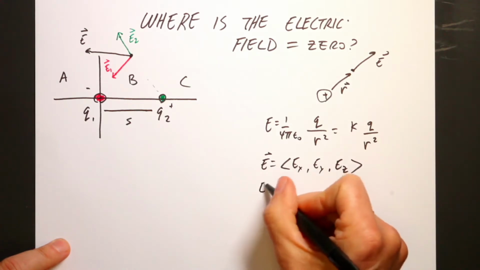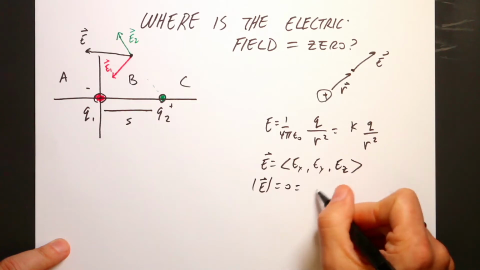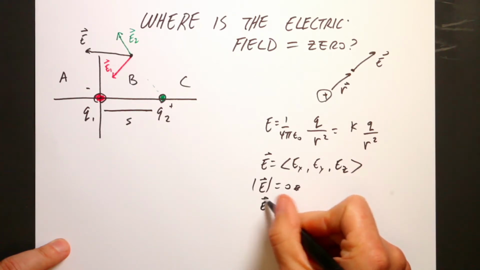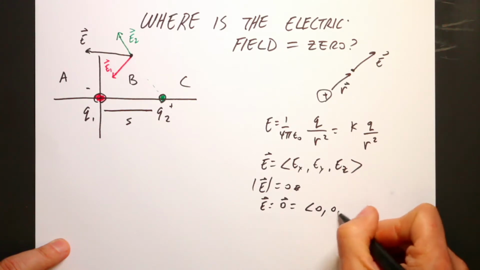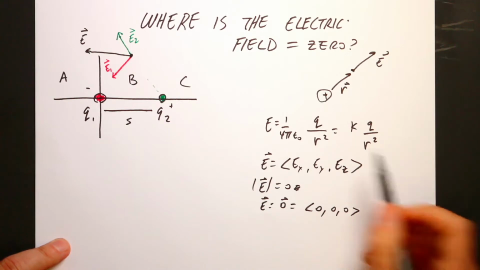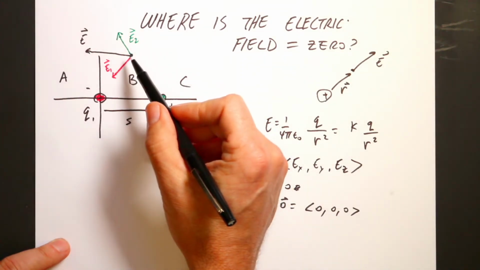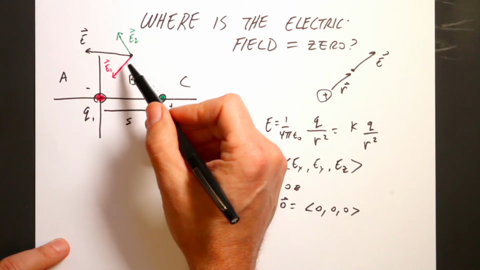If the magnitude is 0, that means the vector E is the zero vector, which is (0, 0, 0). So it has to be 0 in all directions. If I want a zero vector, I'd have to have zero magnitude. That means the x components have to add up to 0, the y components have to add up to 0, and the z components have to add up to 0. So there's no way that this can happen.